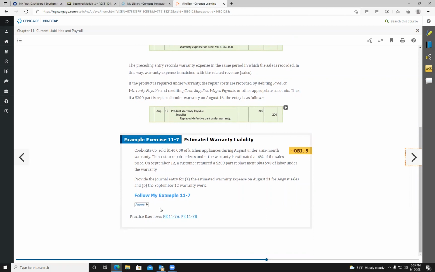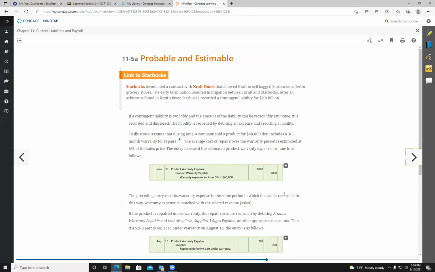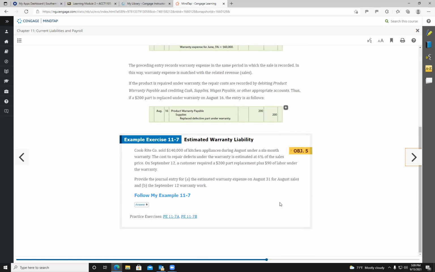So we'll do this example really quickly, to make sure that everybody has a really good understanding of probable and estimable. So this is an estimated warranty liability. Cook-Wright Company sold $140,000 of kitchen appliances during August under a 6-month warranty. The cost to repair defects under the warranty is estimated at 6% of the sales price.